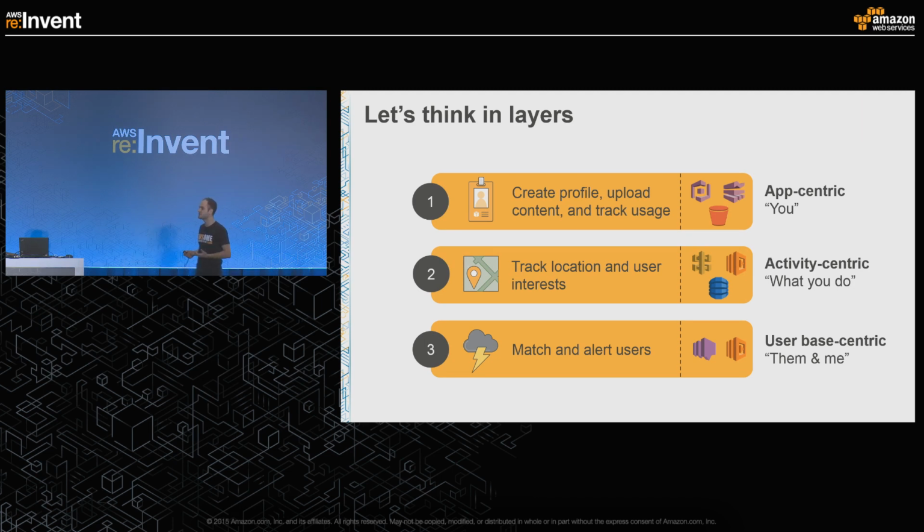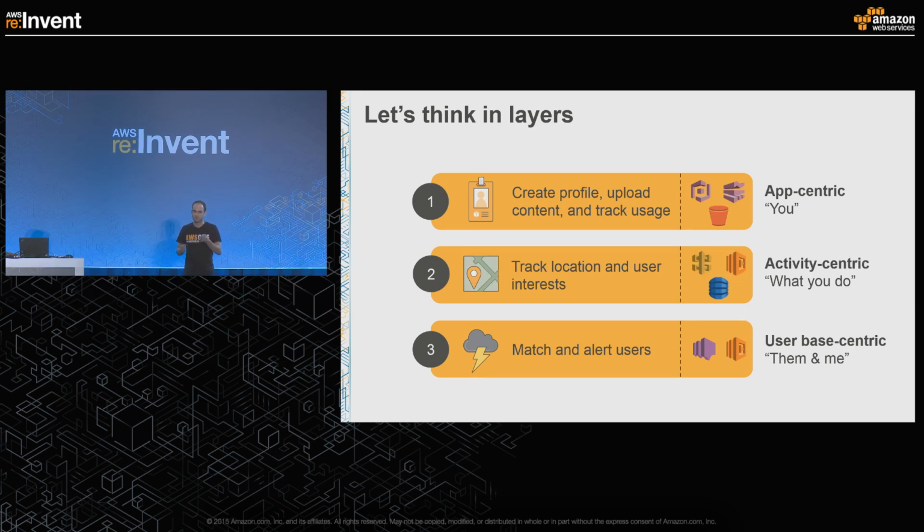This is the activity-centric layer that we're going to talk about, which is the second one. So track the location and collect the user interests. Lastly, as we now have multiple users using that app, and we're tracking locations of many different users in different vicinities, including the interests that they have, we want to now match users that are together with similar like-minded interests in a certain radius, and then alert them accordingly.